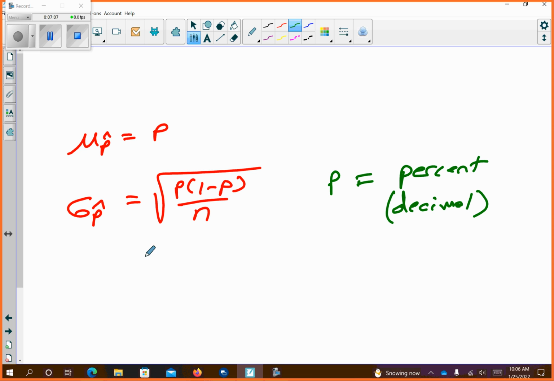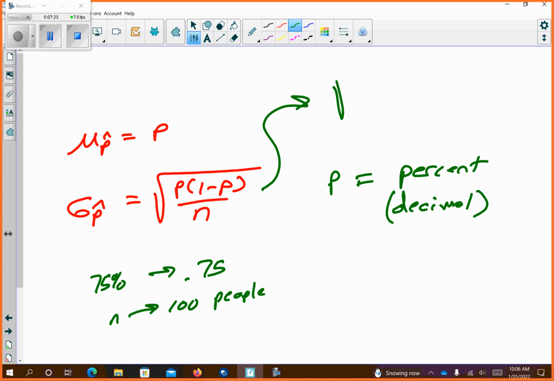So usually what happens is they might say that you have 75% of something, which is 0.75. And let's say we had 100 people that you're serving. I'm just making up arbitrary numbers. So if we were to plug into this, we would get root of 0.75 times 1 minus 0.75, all over 100.